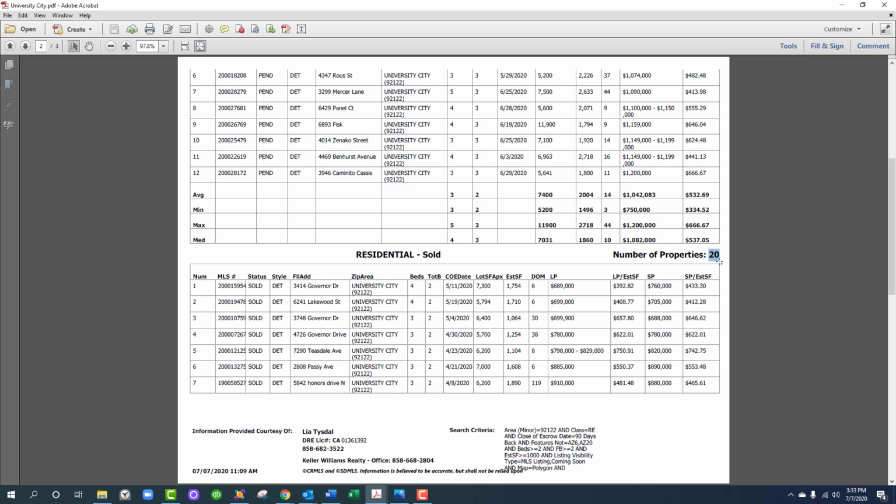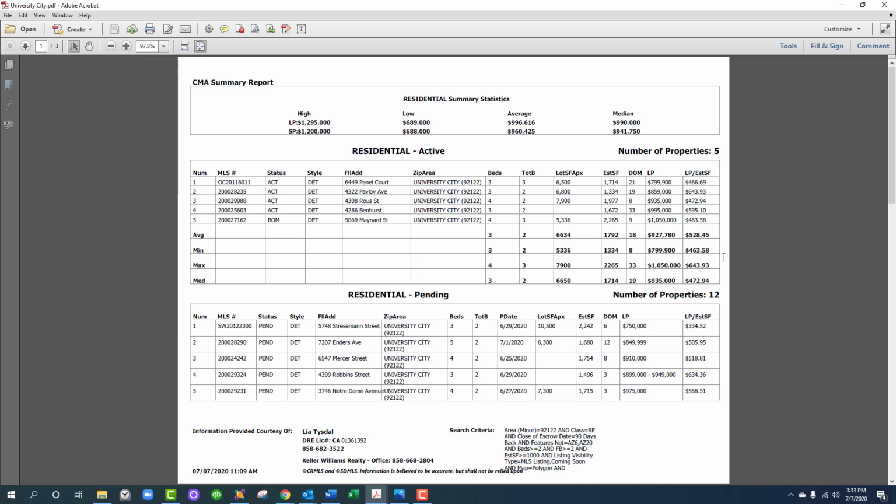If it was 21, it would be 7 a month. And so we have less than 1 month of inventory. Just kind of curious. And the same kind of analysis. Okay, on average, ooh, look, I'm getting a little bit bigger home than I did in Mission Hills, and a little bit bigger lot, and a little bit less of a price, at least on the actives.